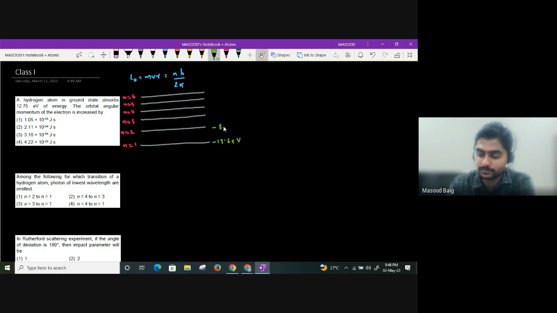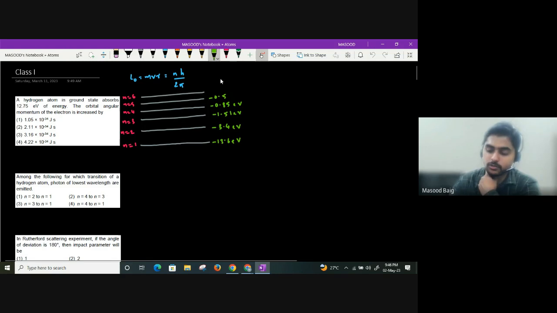Then we will have minus 3.4 electron volt. Then minus 1.51 electron volt, because divided by 9. Then by 16, if I divide, you will get 0.85 electron volt. Then 0.54 or 0.58, I'm not sure exactly, you just cross check it. Then you have 0.38, 0.28 electron volt, something like this.